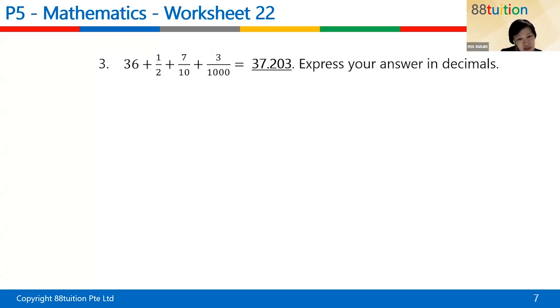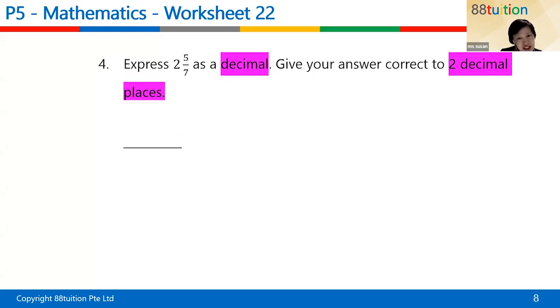Okay, question number 4. Express this as a decimal and to 2 decimal place. Now, usually when they have these, they are actually not divisible ones. How do I know? Because they want 2 decimal place. So if they want 2 decimal place, then what you can do is put it to 3 and more. Okay? So this one must be 2 point something. How do I know? Because of the 2 wholes.